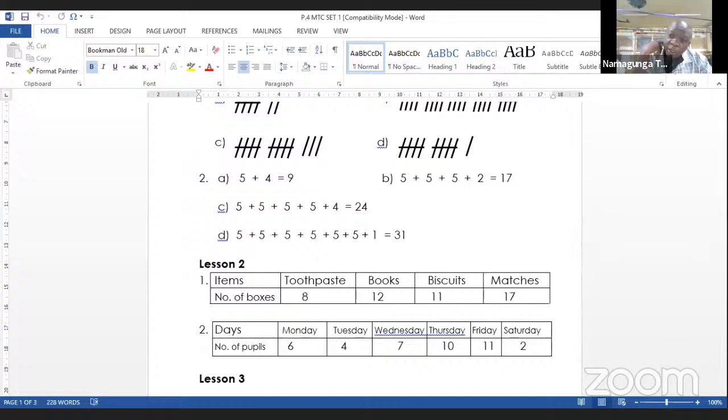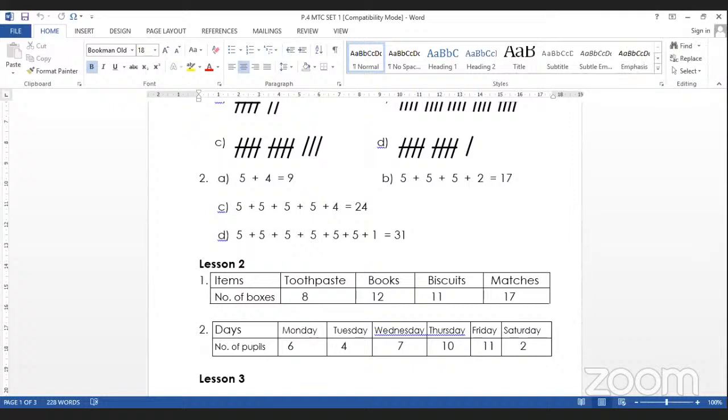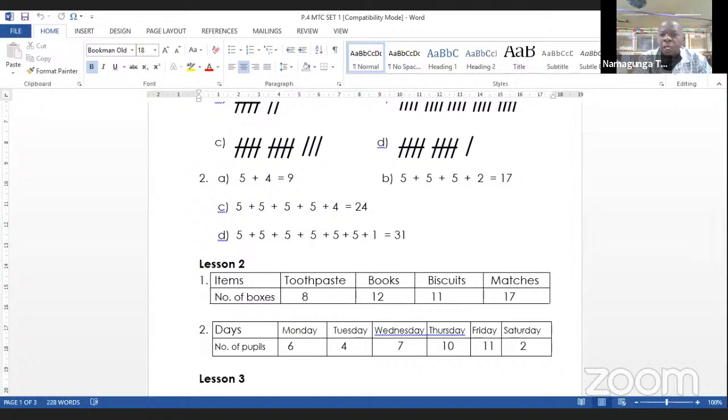Now, when we sent the questions, we expect you to have a book, any book. You can say, let me use book 1 or book 2 to answer all those questions that we give you. And then when we send the answer guides, you use the answer guides to mark yourself for every activity. Is that okay?